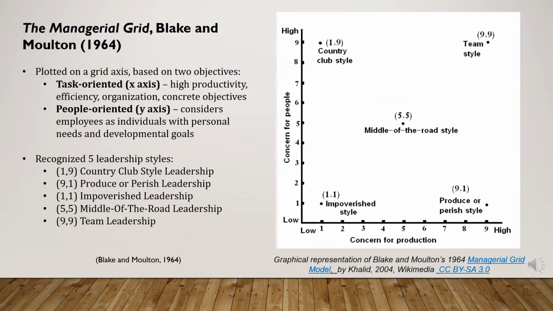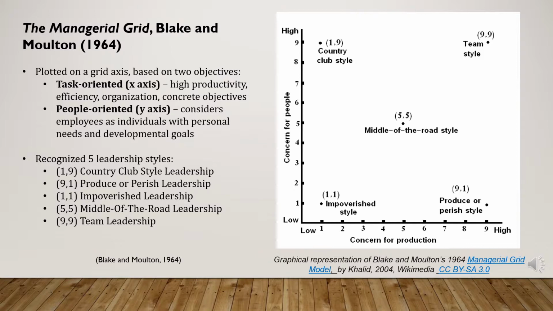As mentioned, the managerial grid by Blake and Mouton was an important and significant contributor to behavioral leadership theories. They used Abraham Maslow's hierarchy of needs and Douglas McGregor's X and Y theories to develop a grid based on two behavioral objectives.